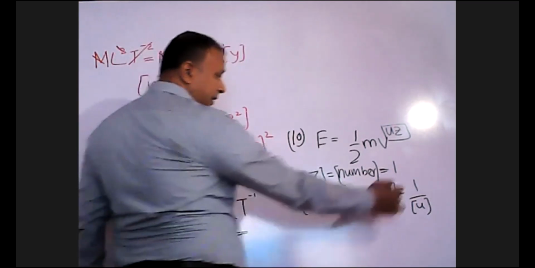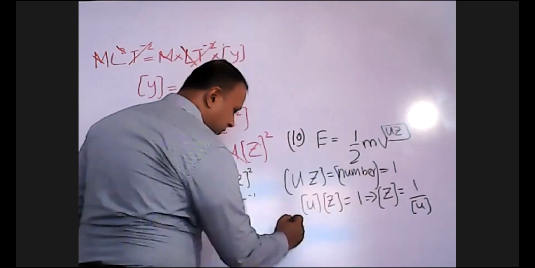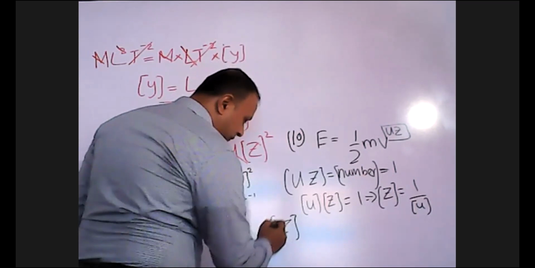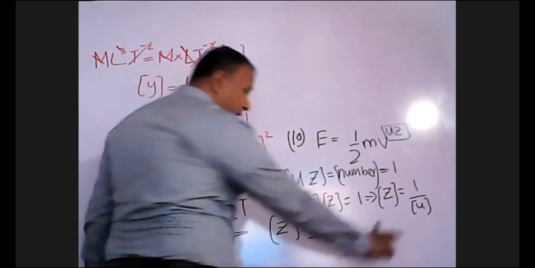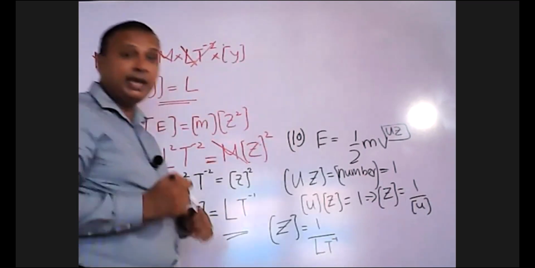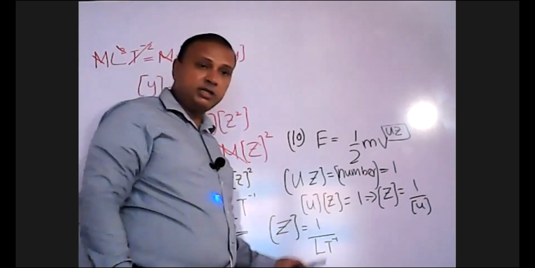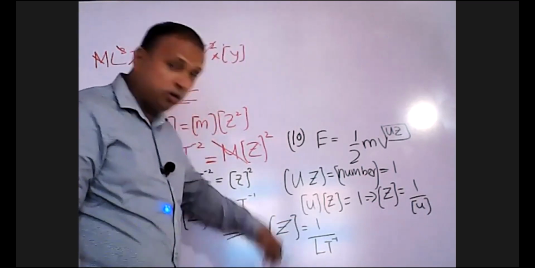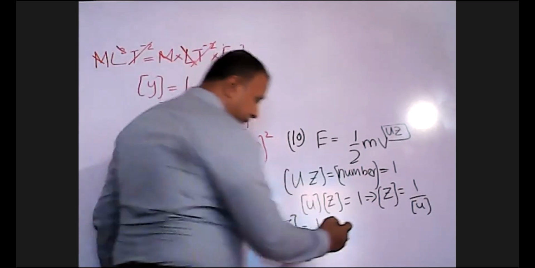So I can substitute that value into this equation. So the dimension of z is equal to 1 over the dimension of velocity. Dimension of velocity, LT⁻¹. So this is a reciprocal function, so we have to bring them to the numerator.